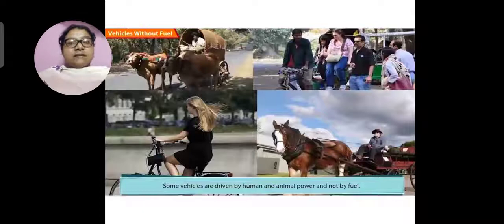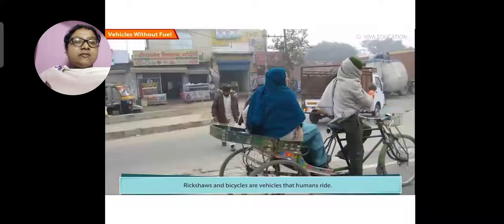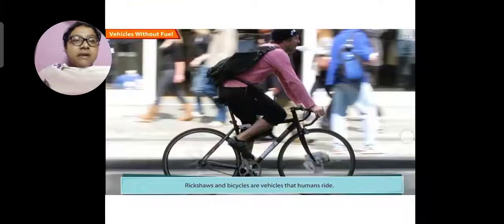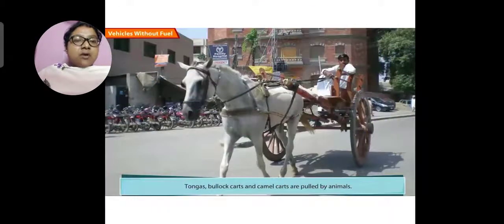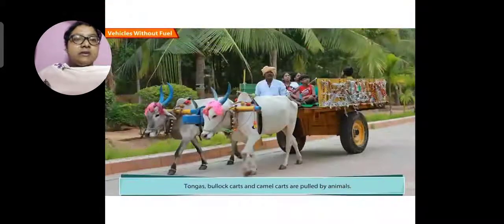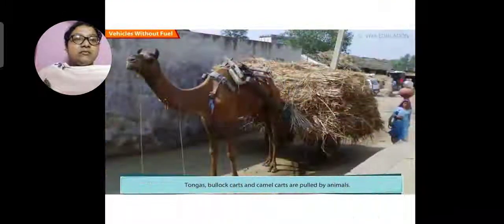Now the next content given in your chapter: vehicles which run without fuel. Some of the vehicles that we use in our day-to-day life can run without fuel, like the rickshaw, bicycle, tongas, bullock carts, and camel carts.